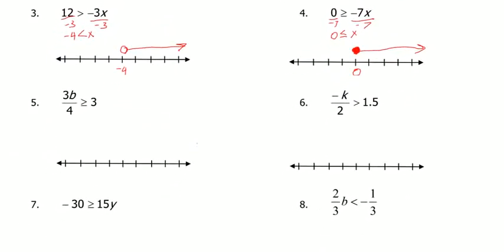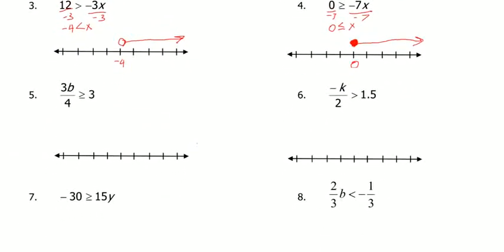Alright. Now number 5. Okay, let's see. We can solve number 5 very simply by multiplying both sides by 4/3, multiplying by the reciprocal. Alright, and multiply this by 4/3.